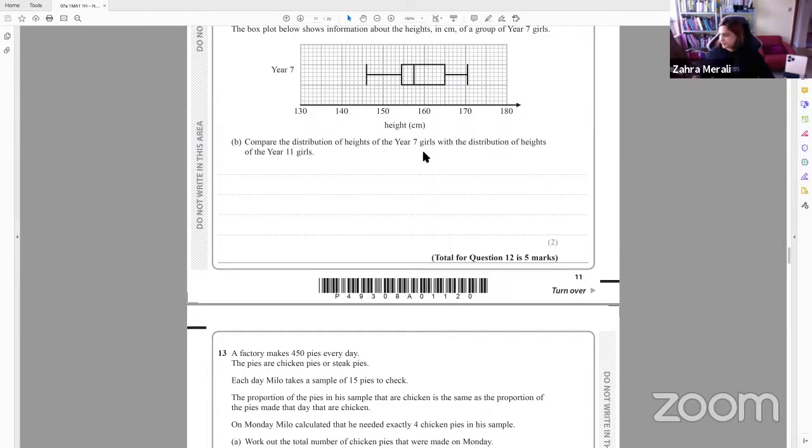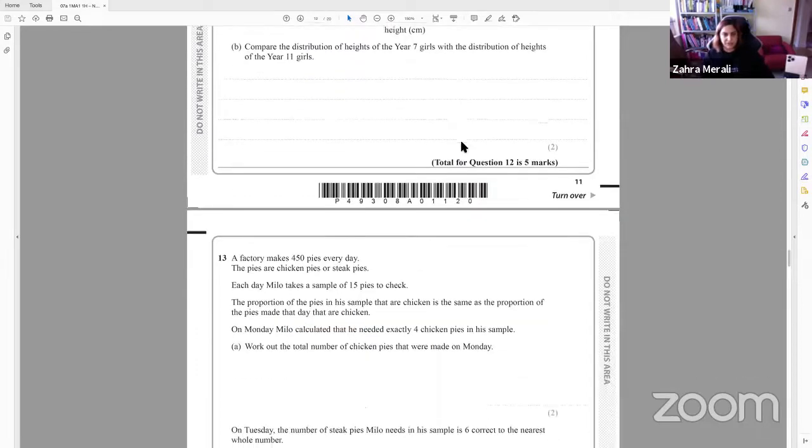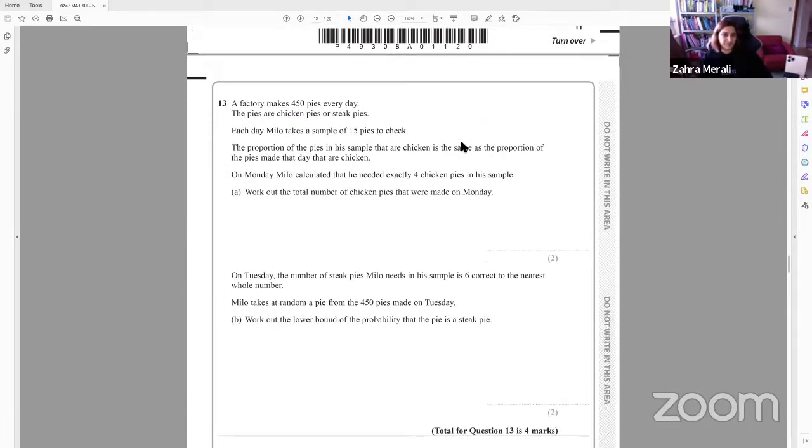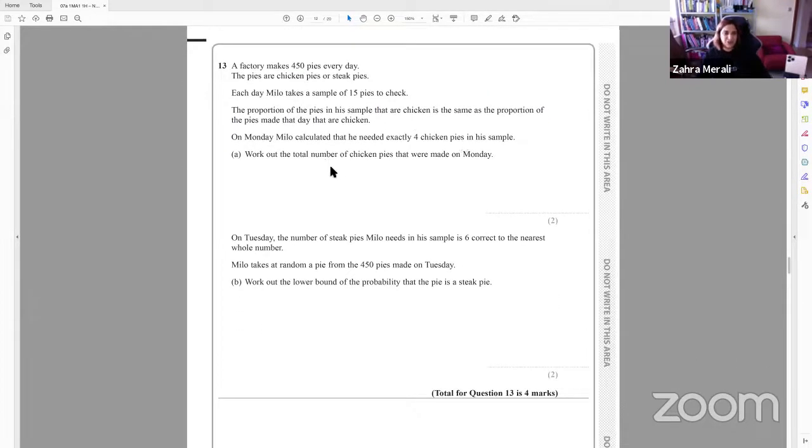Okay, so let's have a look at the next question, which is about pies. So a factory makes 450 pies every day. The pies are chicken pies or steak pies. Each day, Milo takes a sample of 15 pies to check.